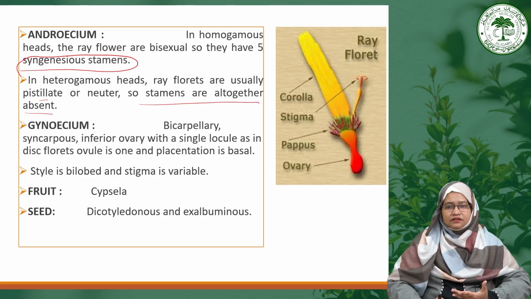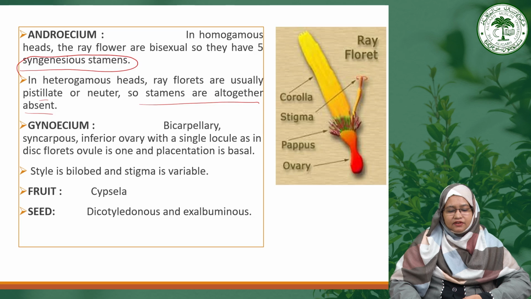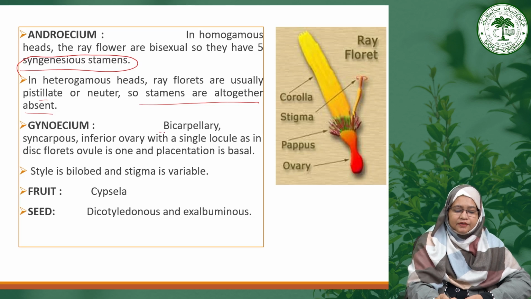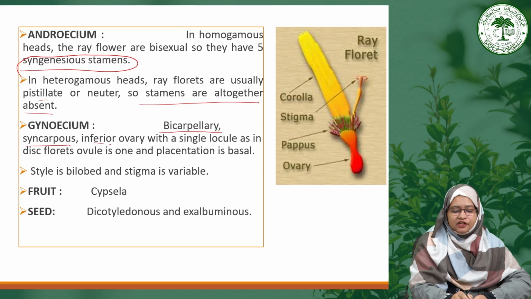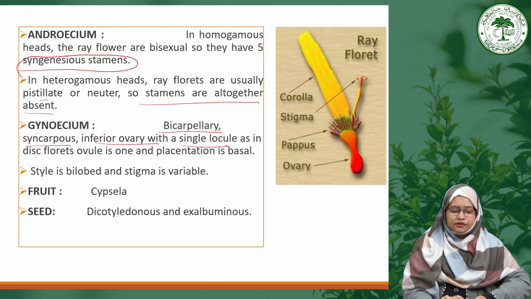Like in the case of sunflower, they don't have an androecium. They only have either neutral flowers or only pistillate flowers. And the gynoecium is bicarpellary, syncarpous with inferior ovary with single ovule, and the style becomes bilobed and stigma is variable.